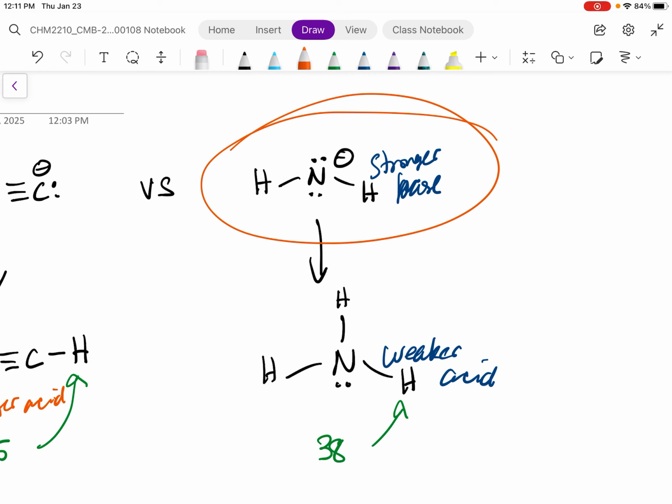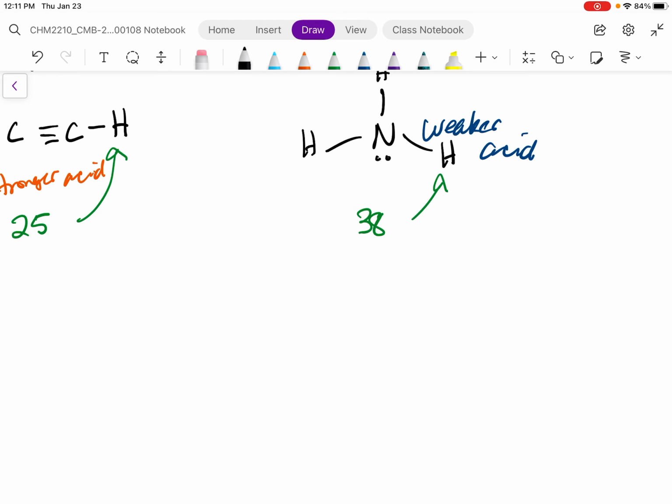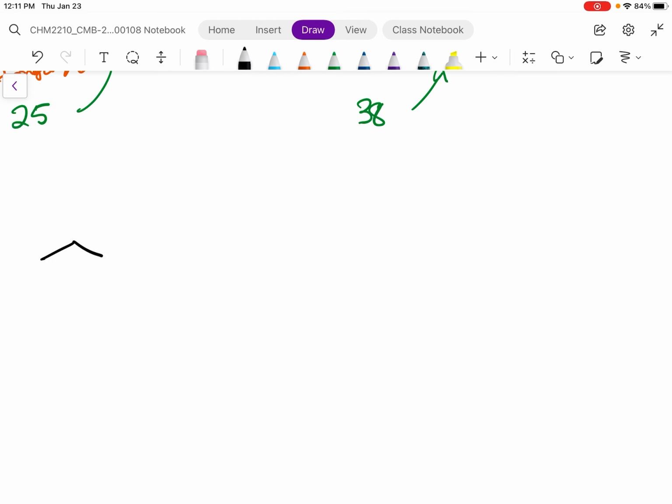Now, let's look at a different example, class. It's the same principle. That versus this. Which is the stronger base? So what's step one? Draw the conjugate acid.